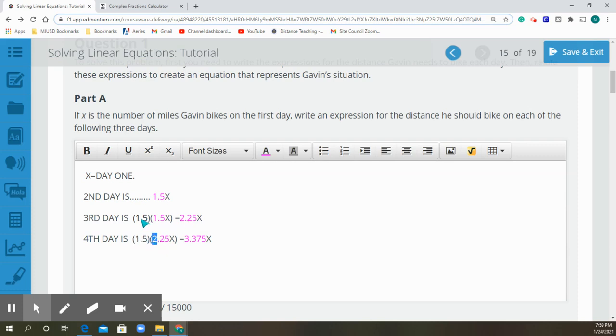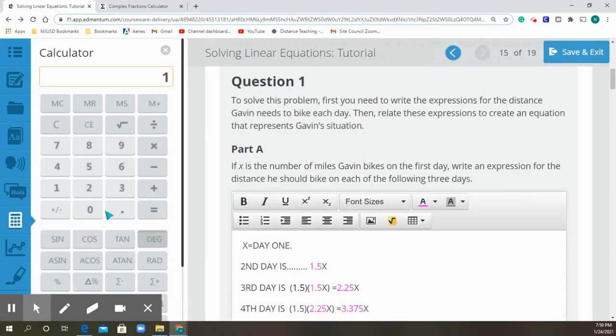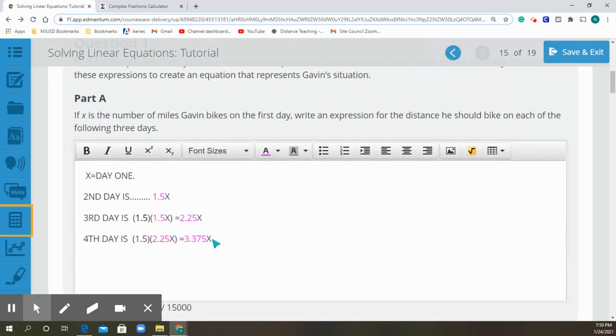So we can see that these equal this, and so that's there. On day 4, it is 1.5 times the 2.25x from day 3 equals 3.375. 1.5 times 2.25 equals 3.375. Bam.